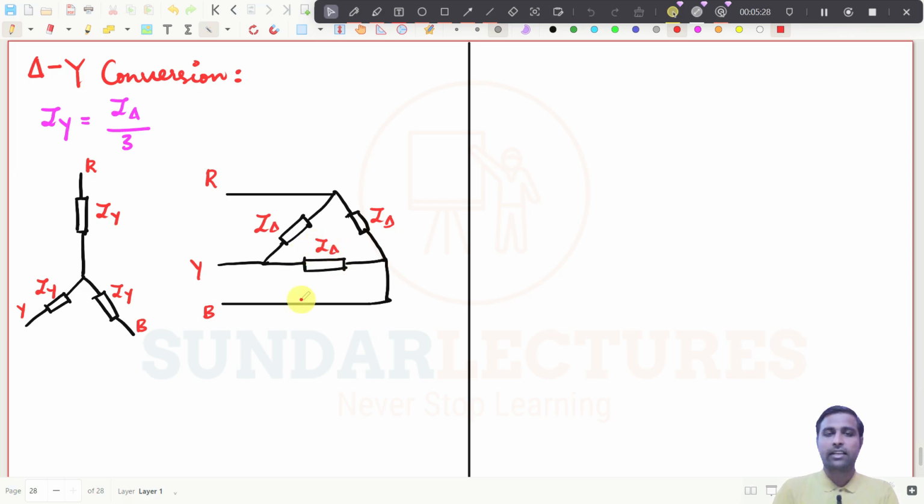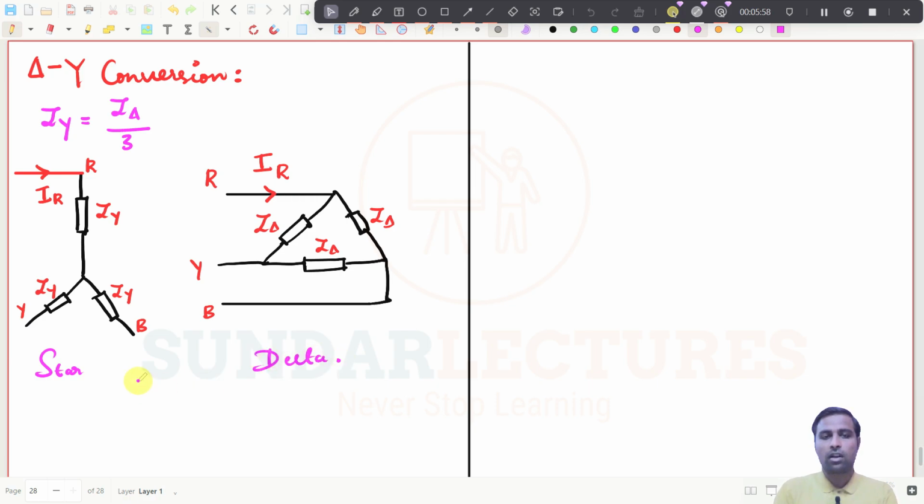Now what we try to do is get the value of IA, or IR. In the delta connection also, the line current we take as IR. Here too, for example, I am taking this to be IR. This is the star connection, and this is the delta connection.